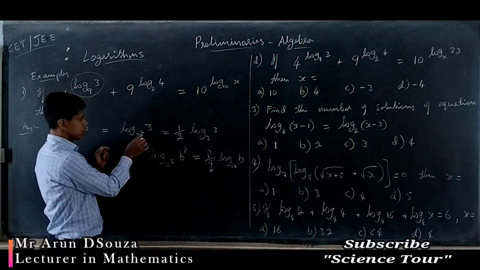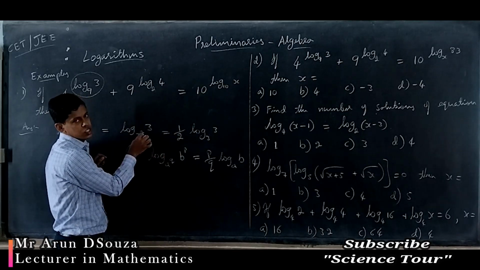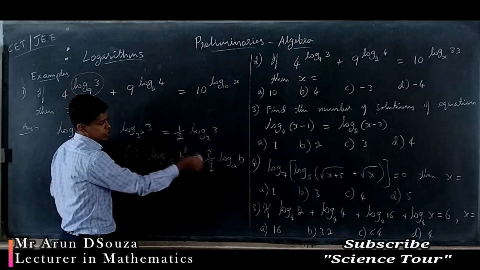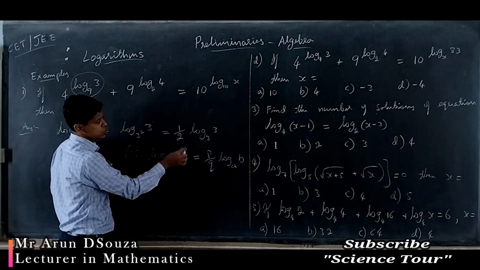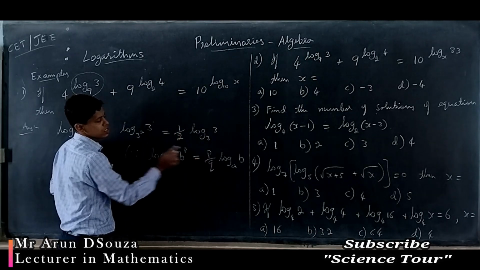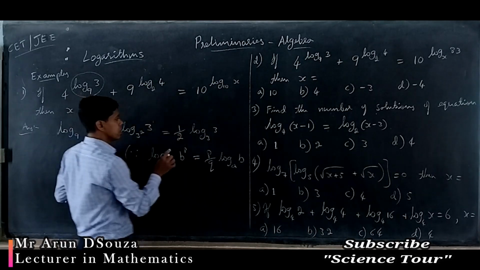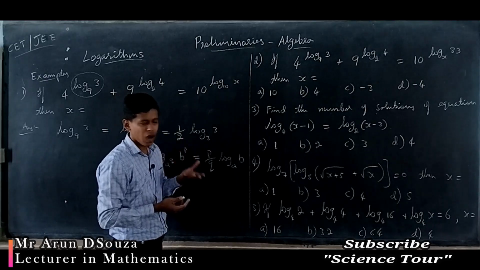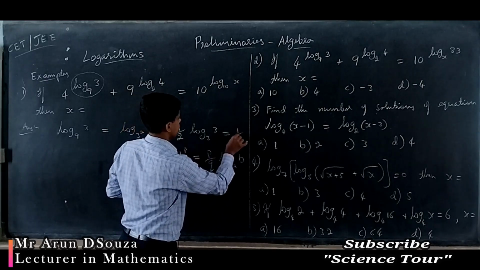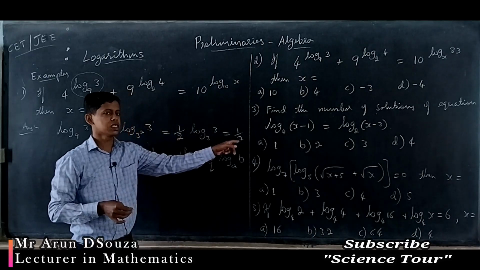Here I have q which is 2, so it will be in the denominator, and this is 3 to the power 1, so p is 1, so that is 1 by 2 in place of p by q. Next, what is log 3 to the base 3? That is 1, so only half remains, half into 1.